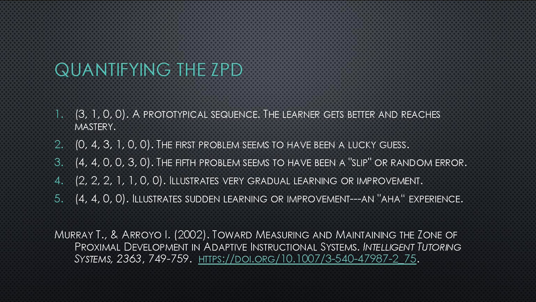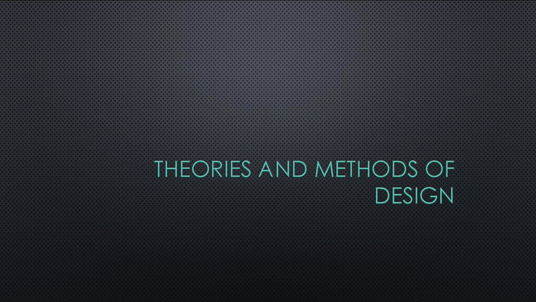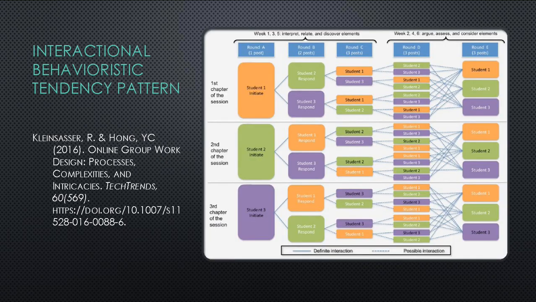With studies that show it is indeed possible to measure and quantify the zone of proximal development, it then becomes possible to analyze and accurately assess the effectiveness of collaborative and mediation tools in e-learning contexts. One of the best methods to keep students engaged within their ZPD in an online setting is through the use of collaborative technologies such as discussion boards, Google Hangouts, and in the case of the study by Kleinsasser and Hong, online literacy circles.